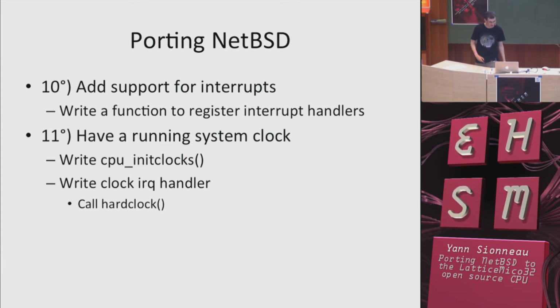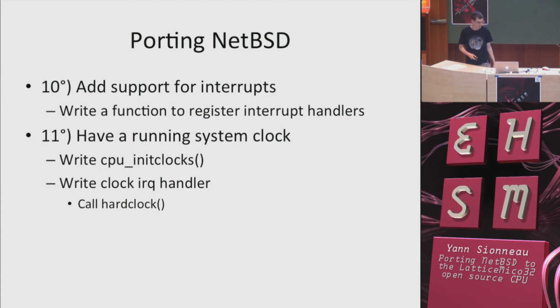soft clock interrupts. So what you need to do is to write cpu_initclocks. It's another machine-dependent function you need to write. And this needs to do basically the clock driver initialization, set up a timer, set it as restartable, start the timer, and register the interrupt callback so that when there is a timer tick, it will call your callback function.